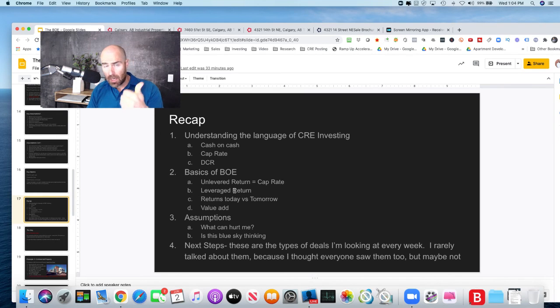I'm going to look at returns today, returns tomorrow. What's the value add? And then we didn't get into all the different types of assumptions, but like what can hurt me? And am I what I call blue sky thinking? Blue sky meaning, is everything optimistic in the sense that everything has to go right for this deal to work out?